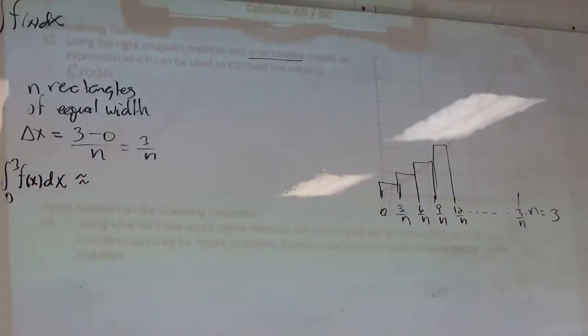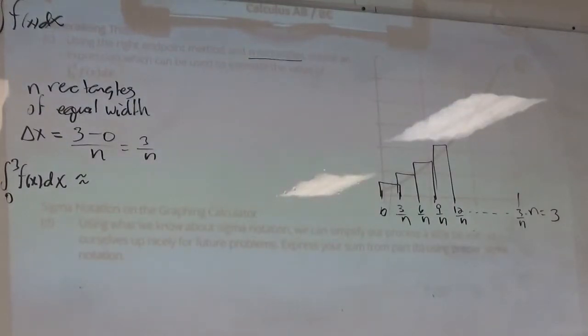Take a minute, talk to somebody near you. What's the area for the first rectangle? How do you find the area for that very first rectangle? Don't talk to me, talk to folks near you. Area of a rectangle, you know how to do this. Area is base times height.